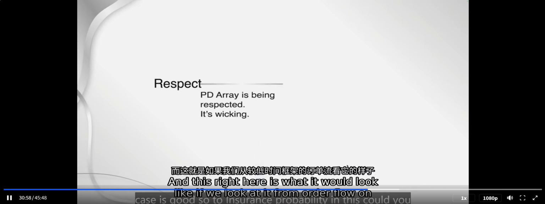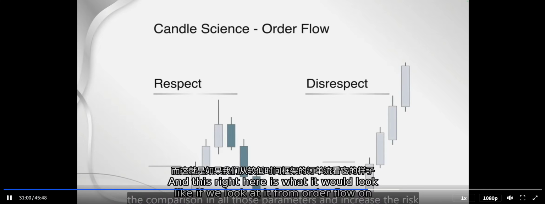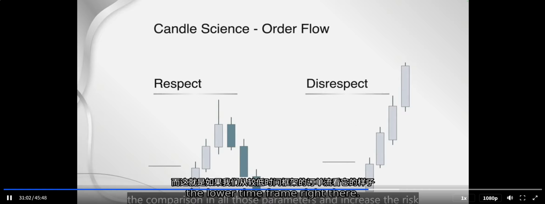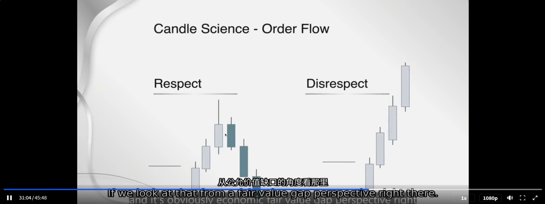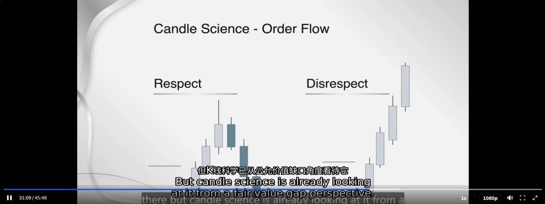And this right here is what it would look like if we look at it from order flow on the lower time frame, from a fair value gap perspective. But candle signs is already looking at it from a fair value gap perspective.